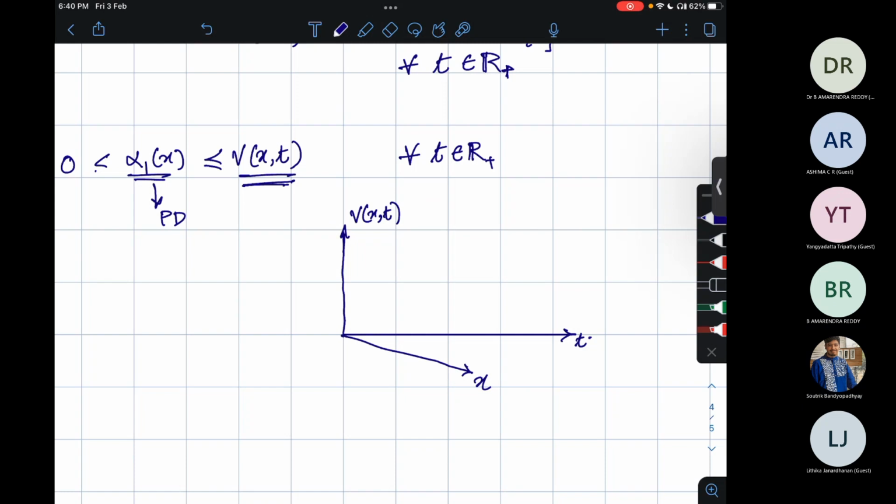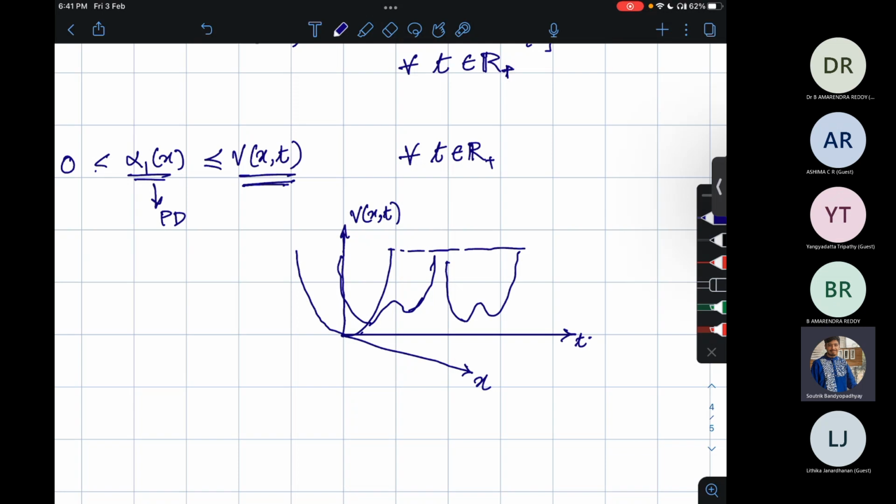Suppose there is a Lyapunov function which is like this initially, and as time progresses, it is moving like this, and like this, and so on.